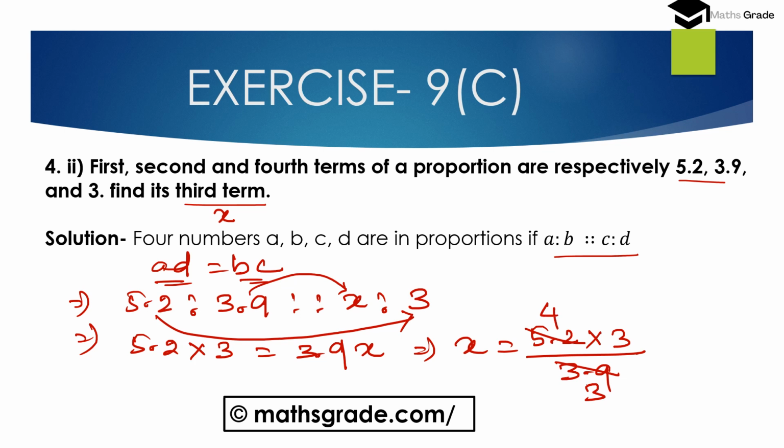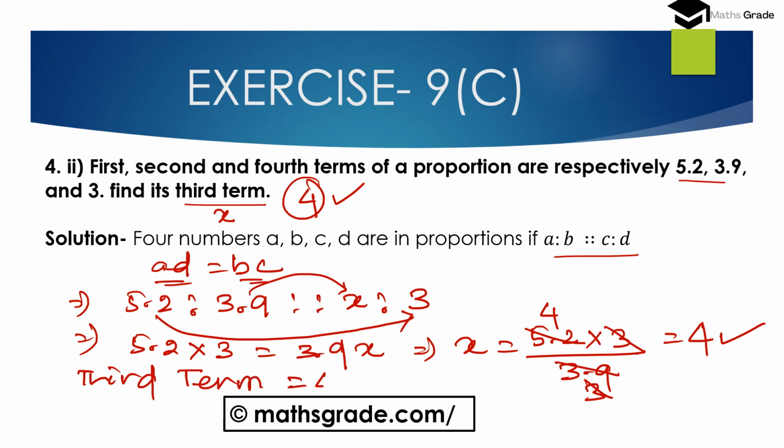Now cancel 3 and 3. 4. So third term will be 4. So the answer is 4. Third term will be 4.